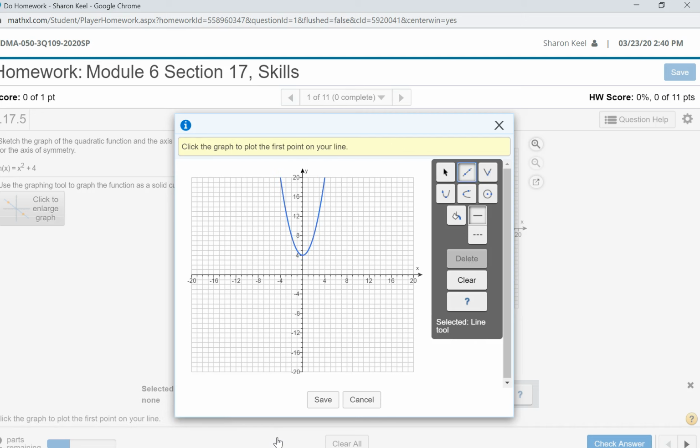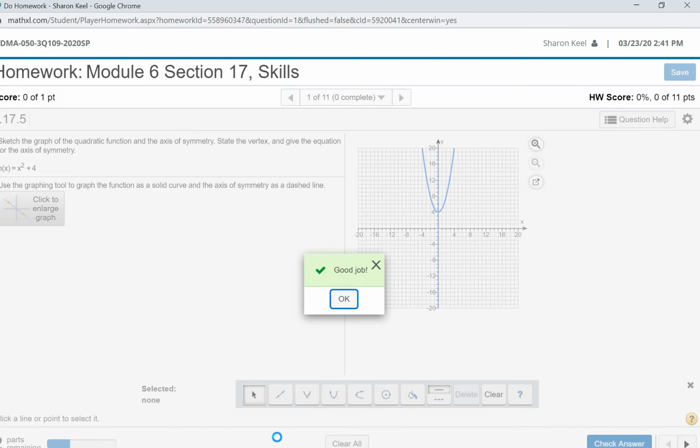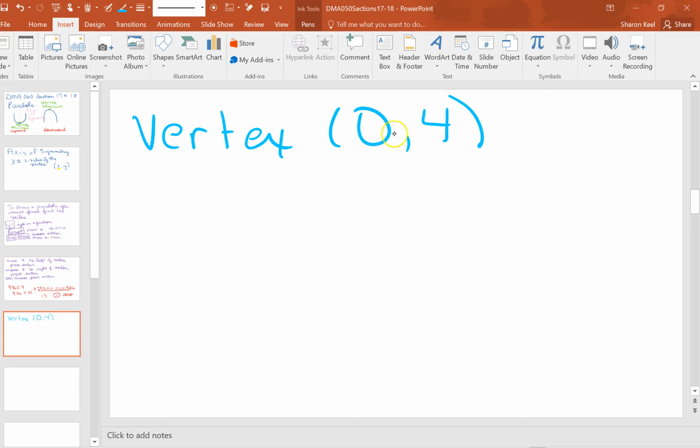Then I do my line tool, make it dashed, go back here, choose my second point, save, and then check. There you go. Okay, so be sure you're writing down correctly what you had. I wrote 0, 4, but I, for some reason, graphed the other.